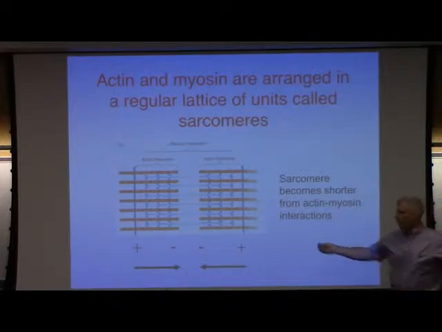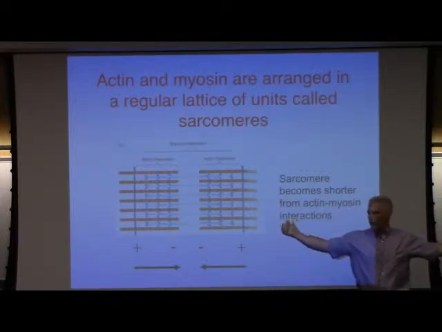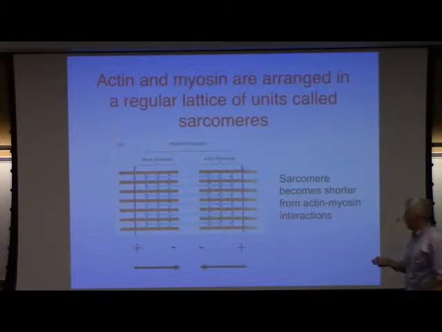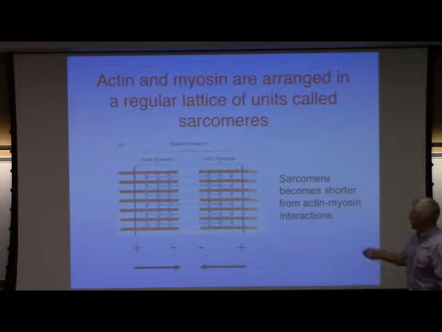Basically, on the thick filament, I've got myosin coming off on either side. When the myosin interacts with the actin on the thin filament, it pulls together this sarcomere. The sarcomere is really defined by this over here, which is called the Z line, and then over here is the Z line. So really it's going to be repeating end to end and also repeating in this direction as well. But this is one sarcomere.